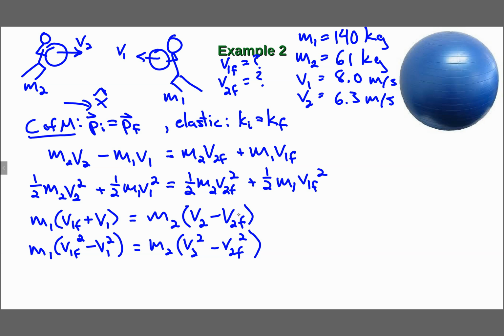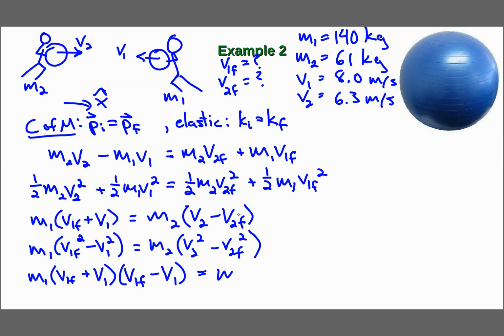Okay, so then with this equation, I can do the same trick that I did again with the billiard balls. These differences can be written as a sum times a difference, right? So I can have v1f plus v1 times v1f minus v1, and that's the same as this left side.